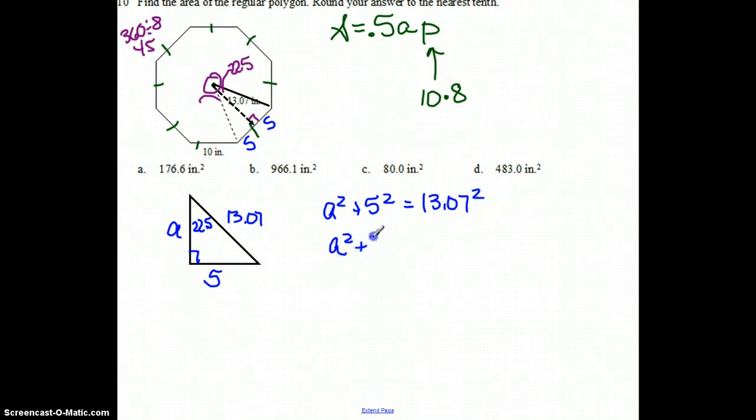So 5 squared is 25. 13.07 squared is 170.8249. Subtract 25.